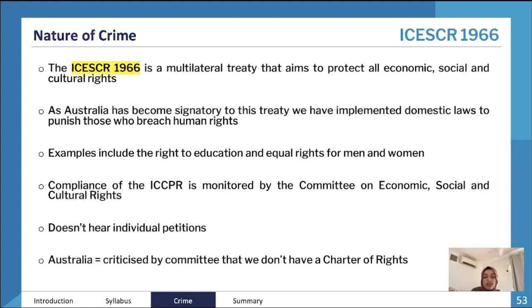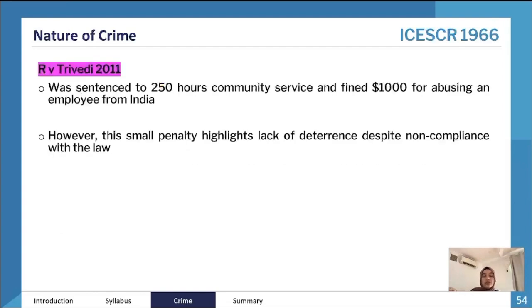ICESCR is monitored by the Committee on Economic, Social and Cultural Rights. They don't hear individual petitions though, and Australia has been criticised by the committee as we don't have a Charter of Rights, which is like a Bill of Rights of all of the rights that exist, which you will also learn about in your studies, in legal studies.